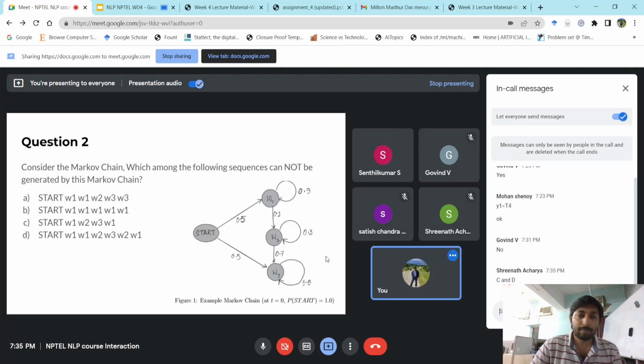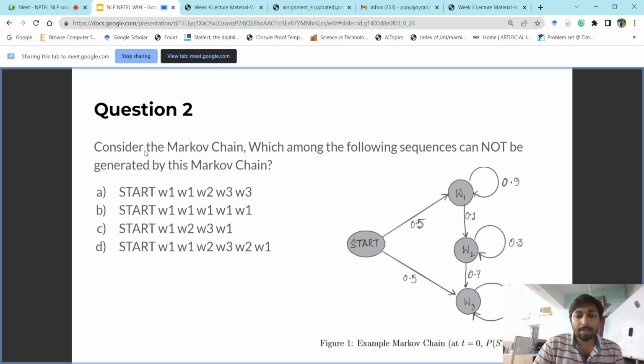Yes, the answer is C and D. You can very well verify that we can travel to W1, then W2, then W3, but we don't have any way to travel from W3 to W1.